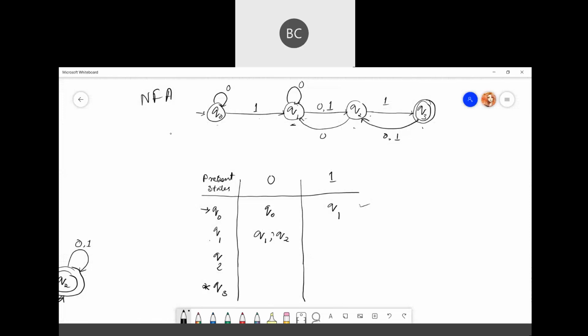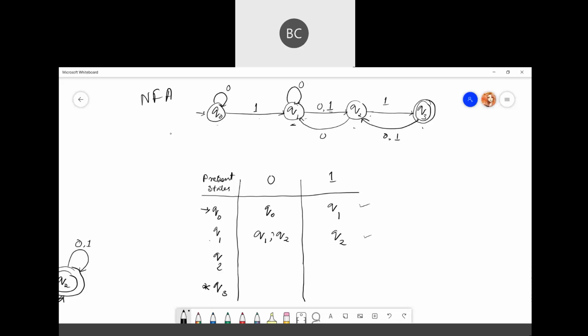Okay. So now see, if it takes 1, where is it going? From Q1, if it reads input symbol 1, it goes to Q. Okay, just 1 this time. So this one is done. Now you come to Q2.